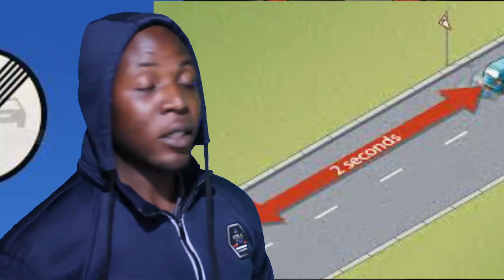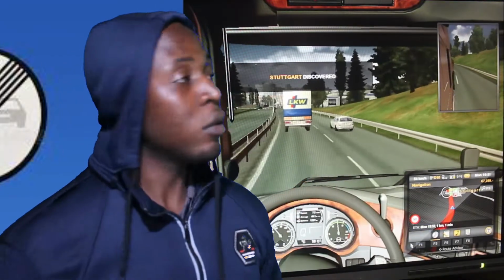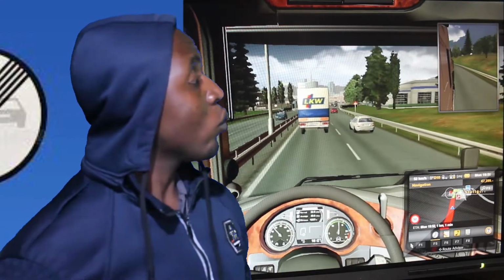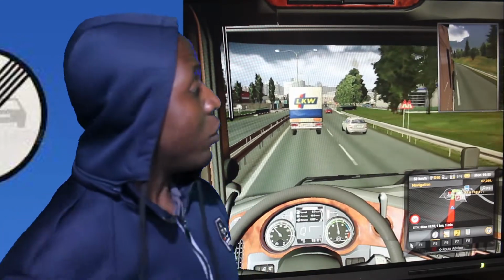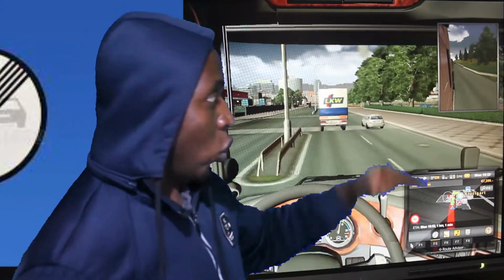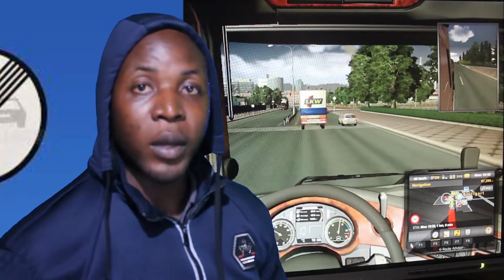Looking at this vehicle in front of us, we can see how the truck is moving. We can see the space between the truck, your car, and the car in front of you. You have to give enough space when you are driving on the highway.